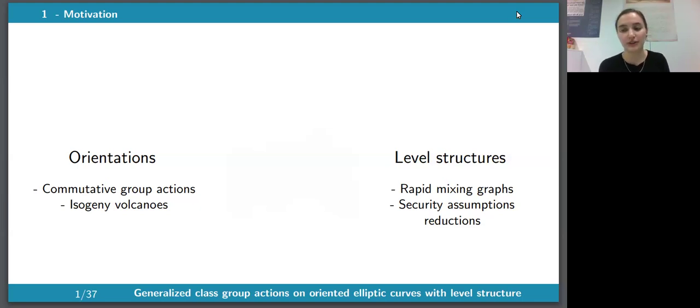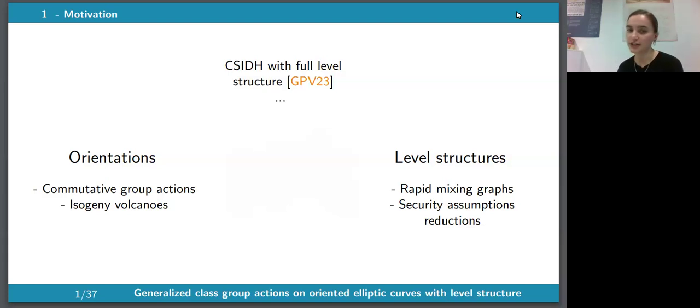Level structures, on the other hand, have emerged, for example, thanks to their nice mixing properties of the graphs that they define. And they've also recently been used to systematically study reductions between security assumptions underlying common isogeny-based cryptosystems. And there have been some examples mixing the two frameworks, orientations and level structures.